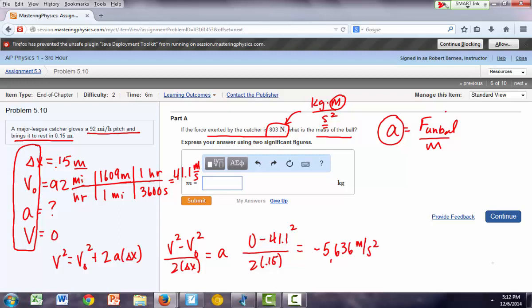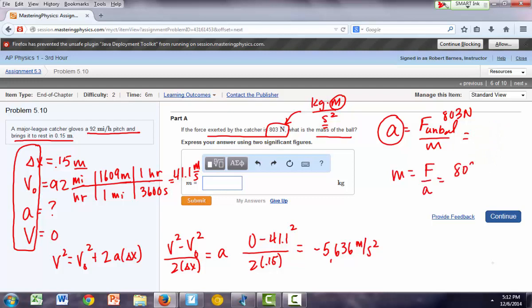This is 803 newtons here. So this is going to be 803 over 5,636. Oops, I got to rearrange, don't I? For mass equals F over a.